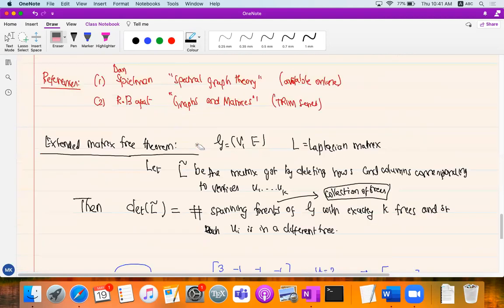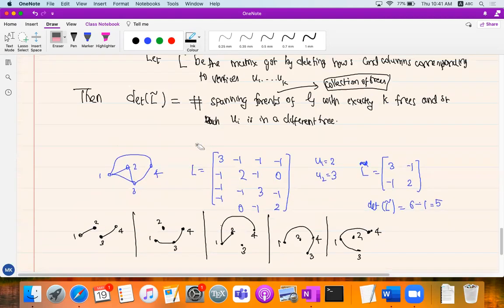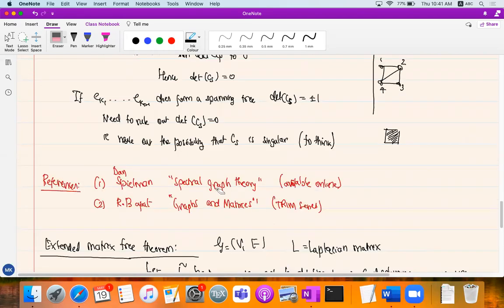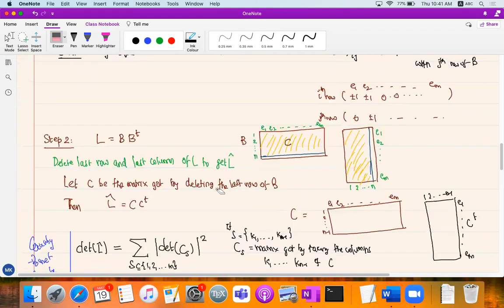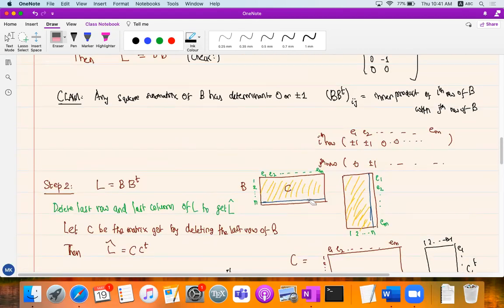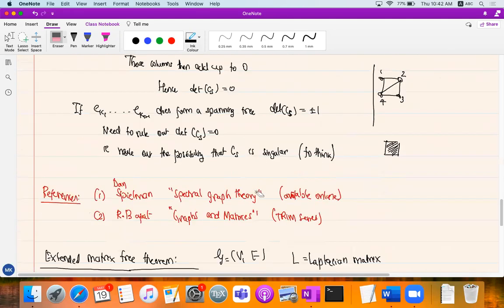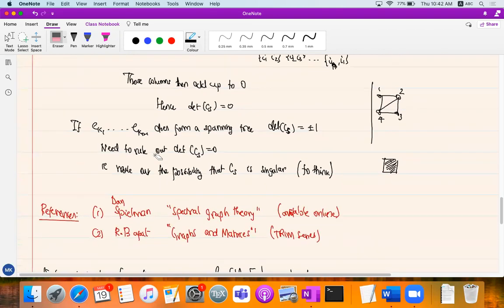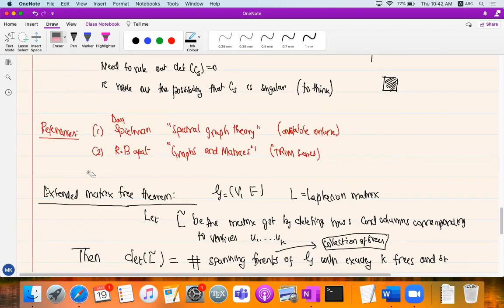Then you can think about whether you can prove this also. More or less, you can try to follow the same type of proof, except that you have deleted even more rows, and you have to think what happens in such a situation. The proof is there in Professor Bapat's book.